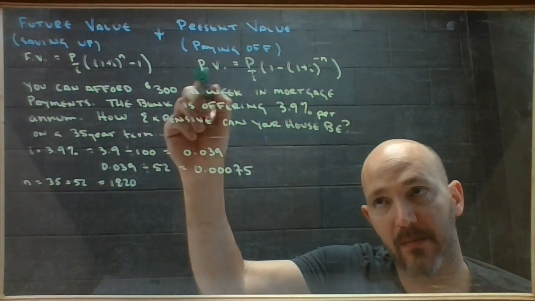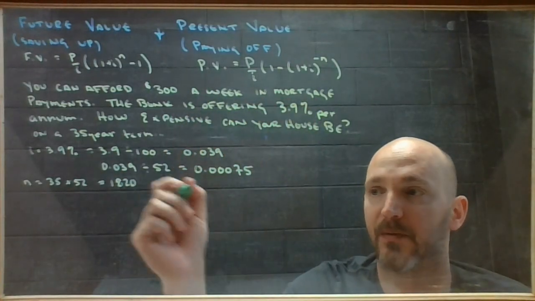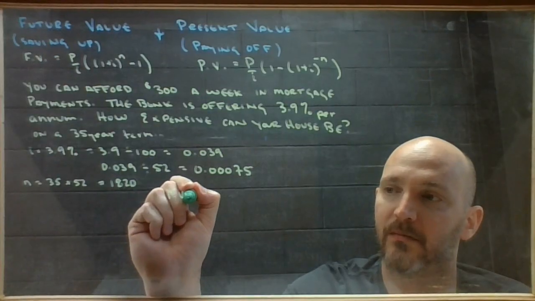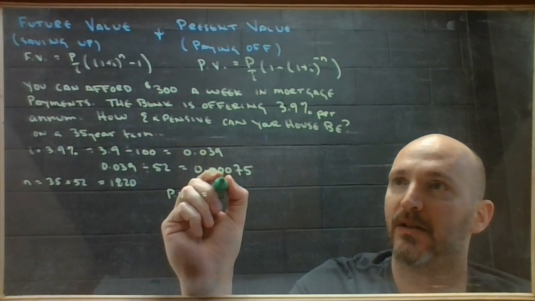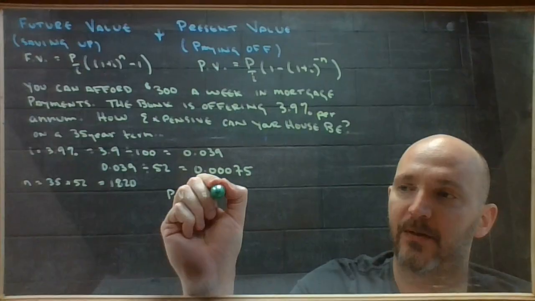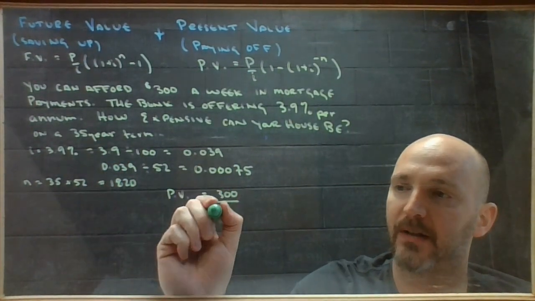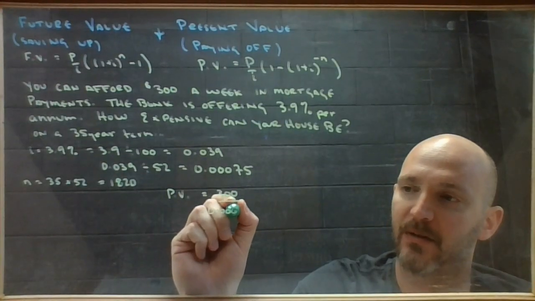So I'm going to use this present value formula to figure out how much money the bank would give me. My payments are going to be $300 a week. My I value is 0.00075.